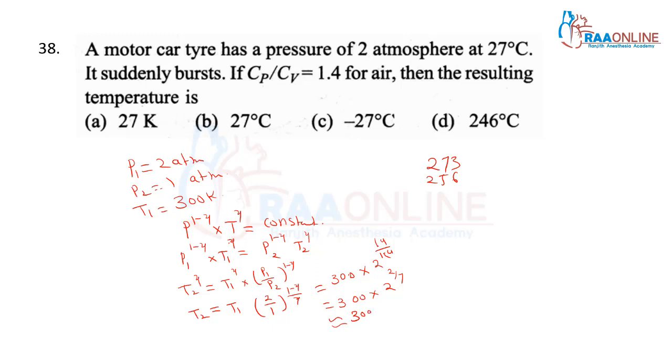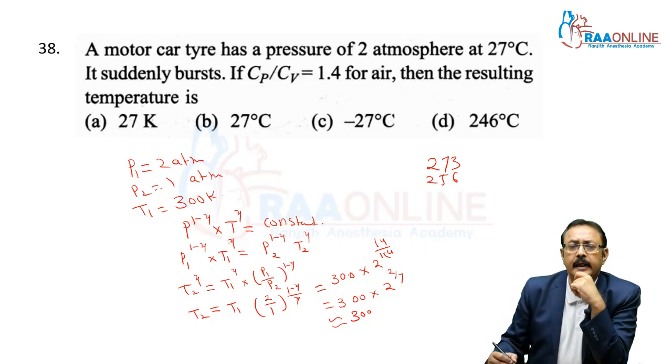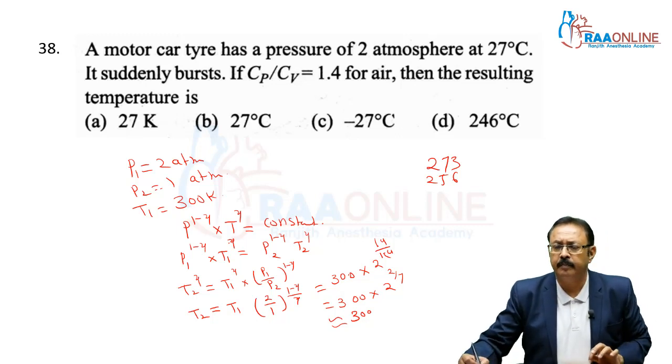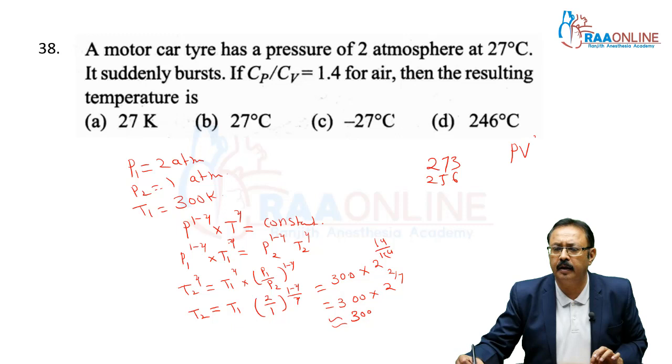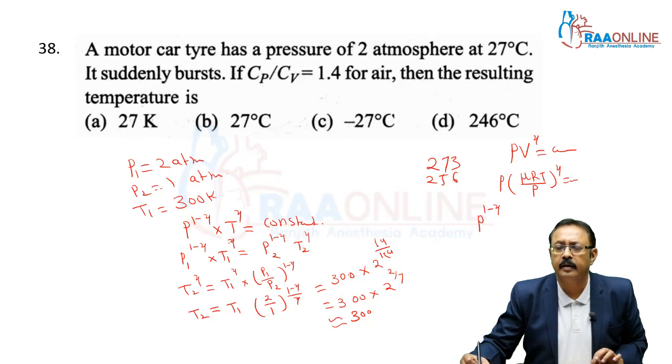We want to calculate: a motor car tire has a pressure of 2 atmospheres. So, P1 was 2 and suddenly it burst. So, PV raised to the power gamma should be constant. PV equals mu RT, so V is mu RT by P. So P raised to the power 1 minus gamma, T raised to the power gamma should be constant.